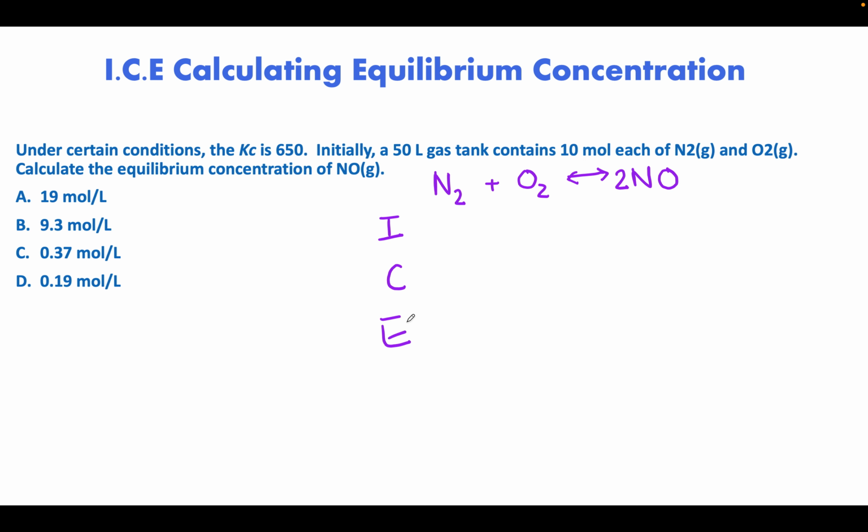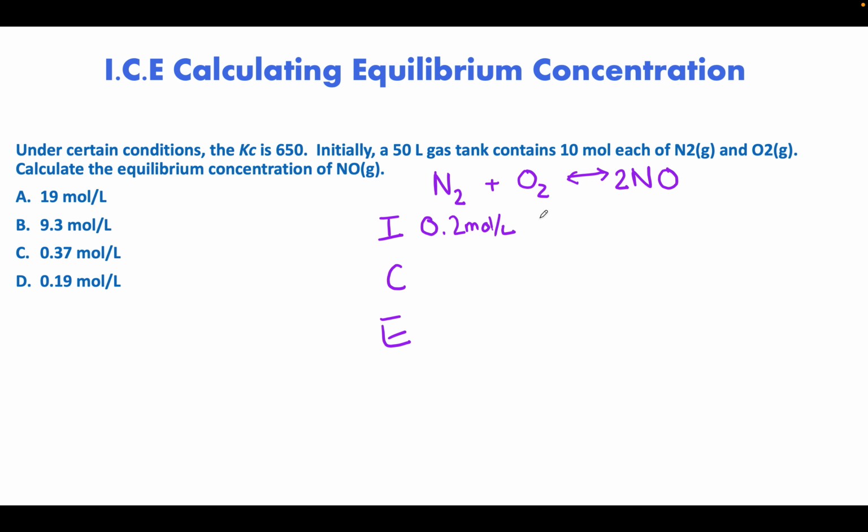Now, from here, again, I is initial concentration. So if there's 10 moles of each of these, then you would want to go 10 moles divided by 50 liters. I feel like I could have done that in my head, but just wanted to make sure, have my calculator out. This is 0.2 moles per liter.